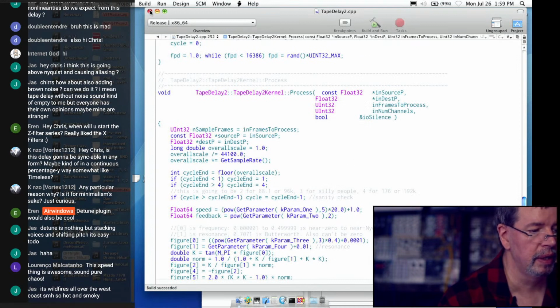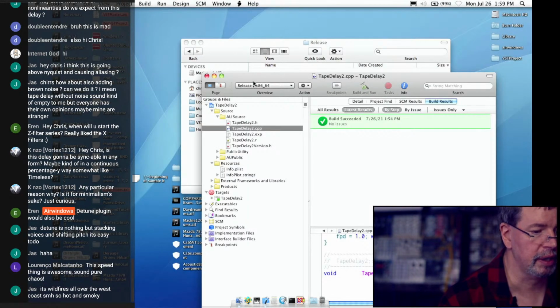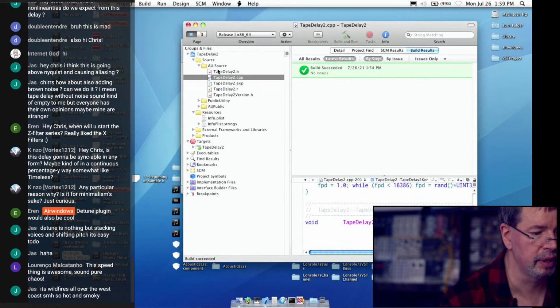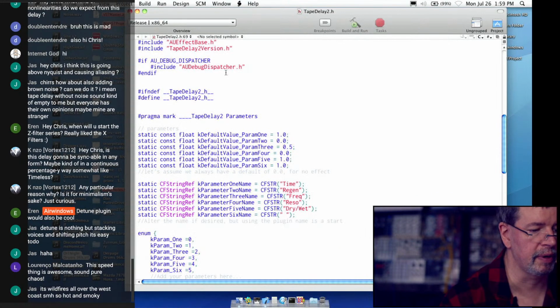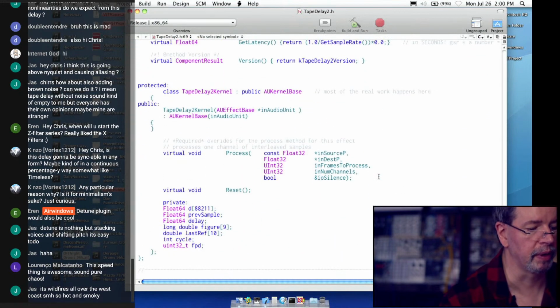And now I need to go back and I'm going to do this separately. I'm not going to dig back into the other thing. I'm going to get into this thing.